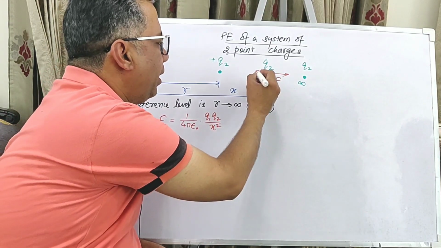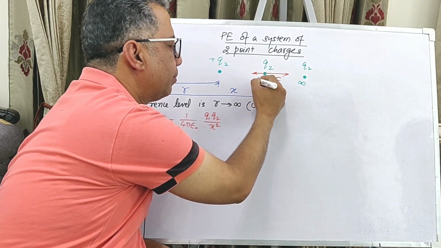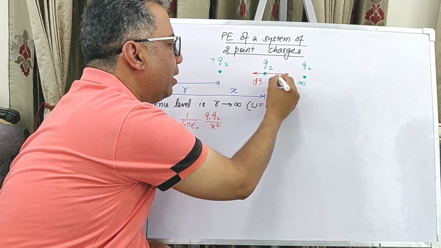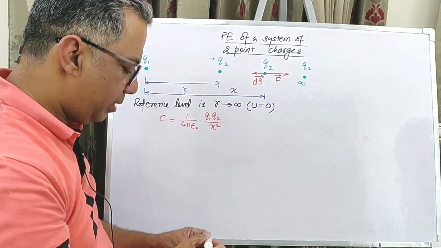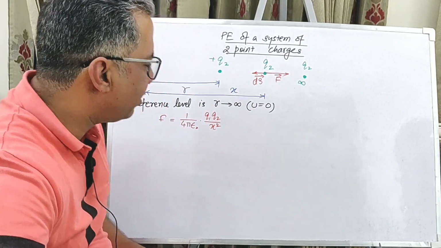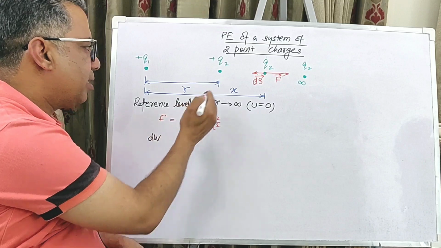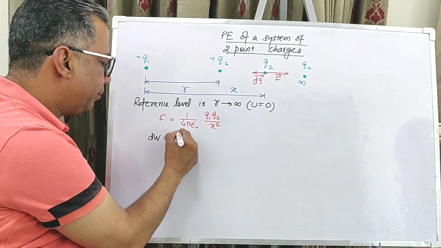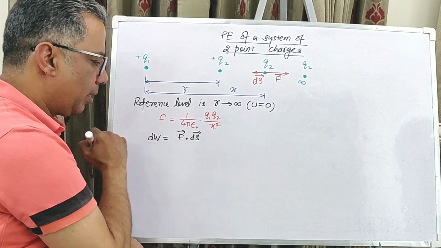We now consider a very tiny displacement ds over here. This is the force F, this is the tiny displacement ds, and in this tiny displacement there's a small amount of work which gets done. Now that work dW which gets done in this tiny displacement will be F dot ds.